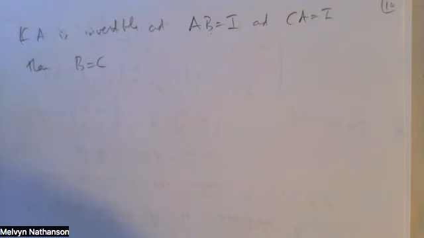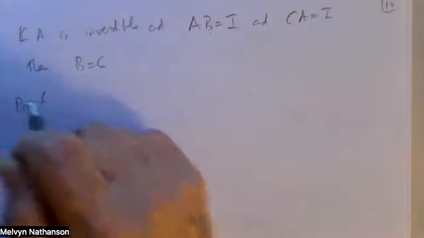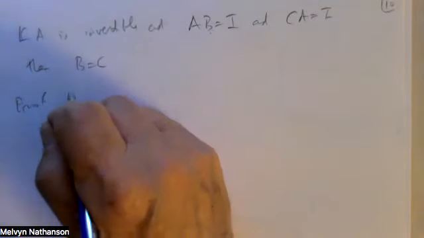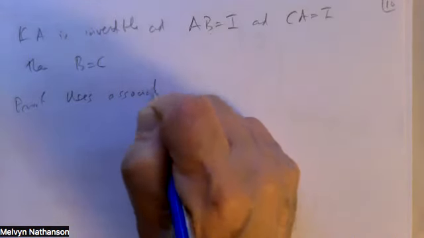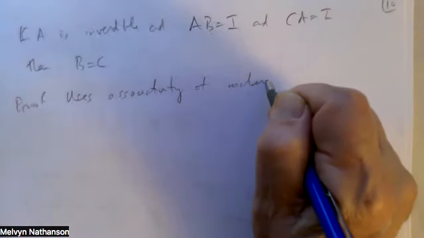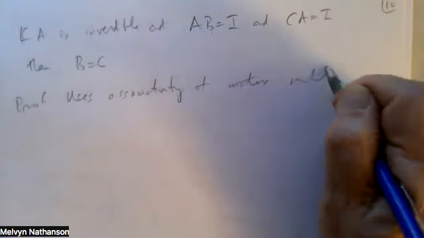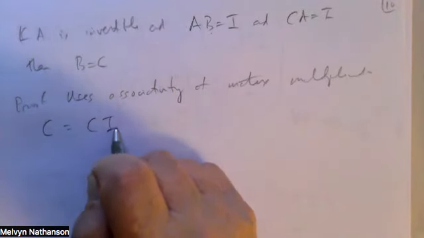And the proof of this just uses the associativity of matrix multiplication. So C is C times the identity.